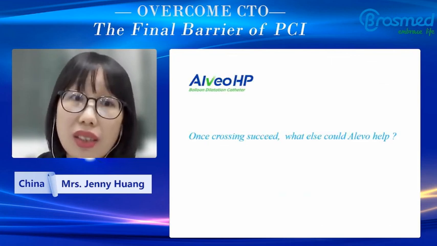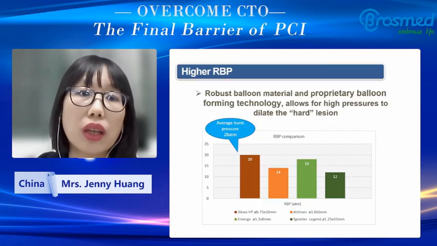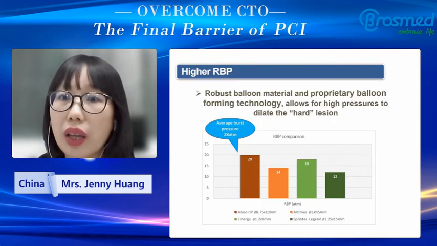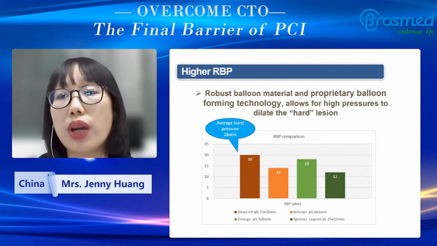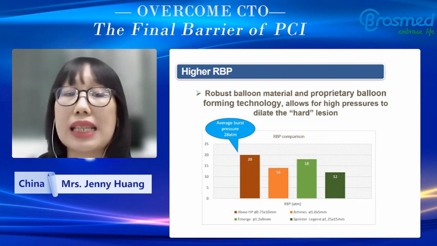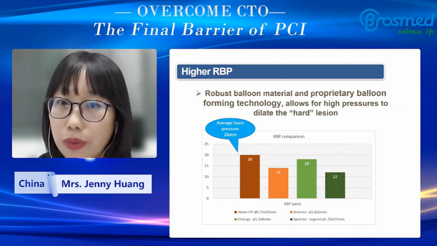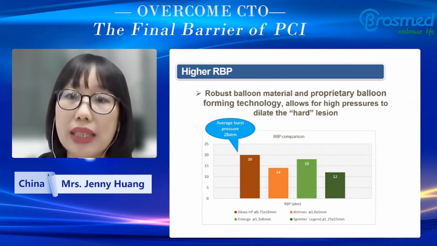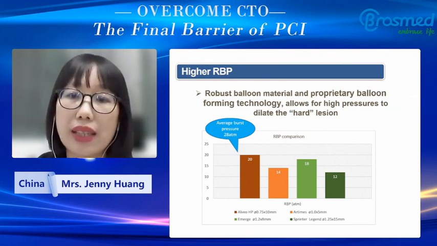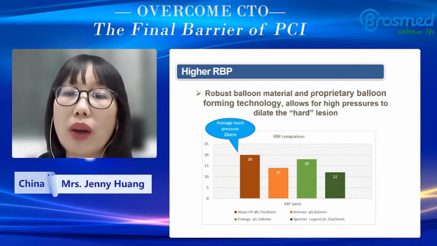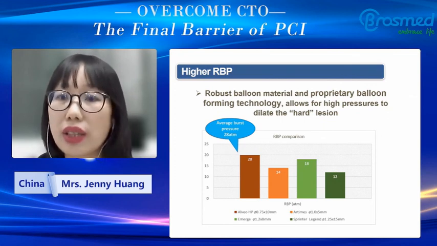So once crossing is set, what else could Alveo HP help? It is robust. The Alveo HP could be dilated to higher pressure, up to 20 ATM, and average burst pressure 28 ATM to overcome the hard lesion in CTO case. So Alveo HP will allow more safe dilatation and greater dilatation tension.